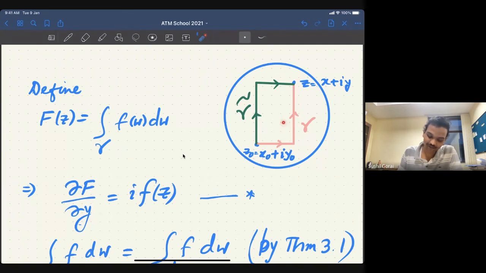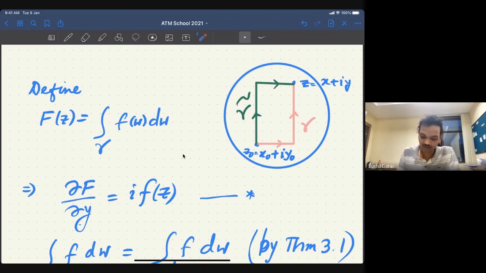Here, for drawing purposes, I have taken one horizontal and one vertical to get one rectangle. You might get multiple rectangles. Then the integral over the boundary of each of the rectangles will be 0. So what is really important is that the last one would be horizontal and one would be vertical.